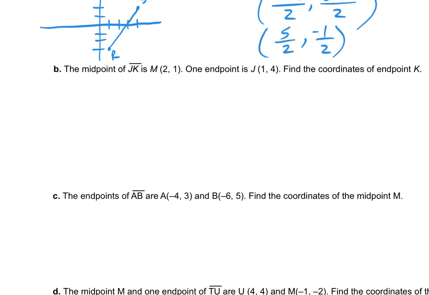Okay, part B. As you read through this one, it's a little bit different problem, okay? Because M is at 2, 1, J is at 1, 4.